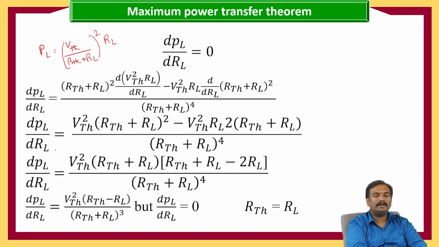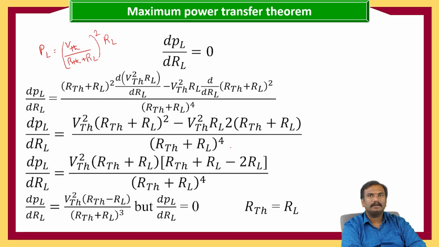Now dPL by dRL is equal to VTH square into RTH plus RL whole square, where dRL by dRL becomes 1, minus VTH square into RL into the differentiation of RTH plus RL whole square with respect to RL, which is 2 times RTH plus RL, divided by RTH plus RL whole power 4.